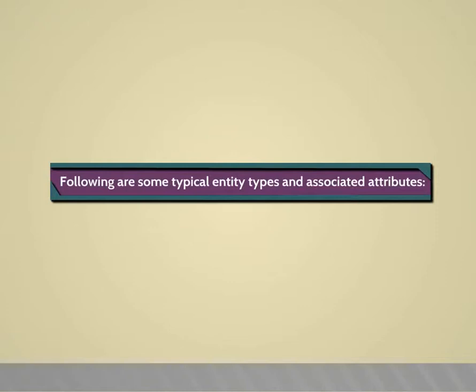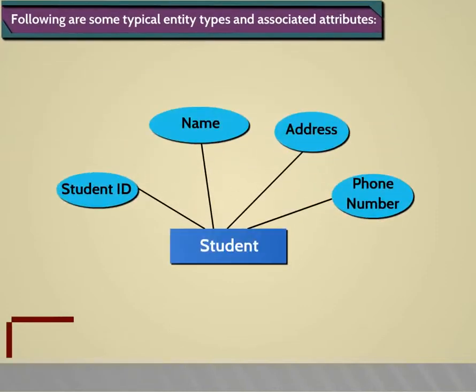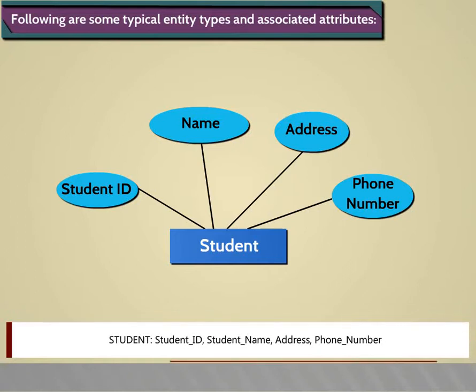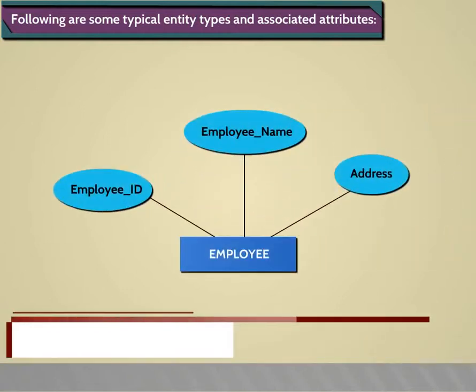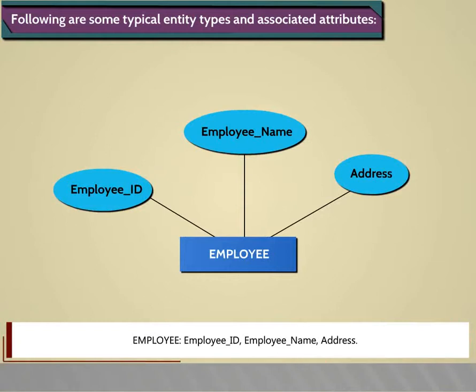Following are some typical entity types and associated attributes. Student: student ID, student name, address, phone number. Employee: employee ID, employee name, address.